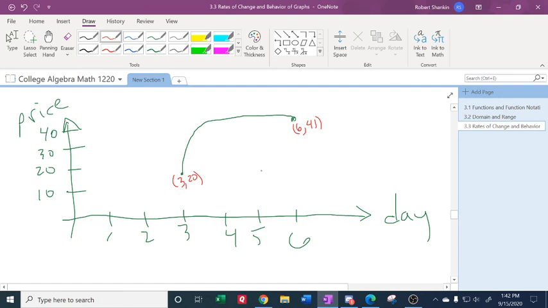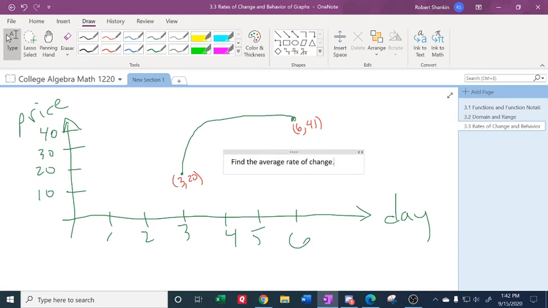All right. So the question here, once again, is find, let me type it in, find the average rate of change. I'll give you a minute to work on this individually.